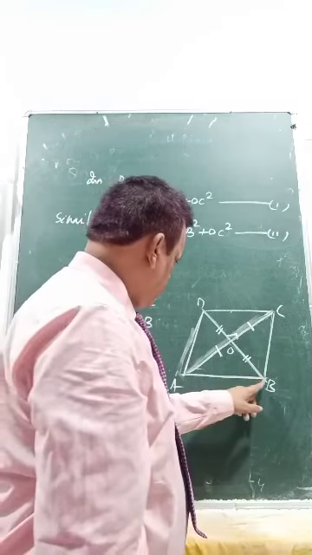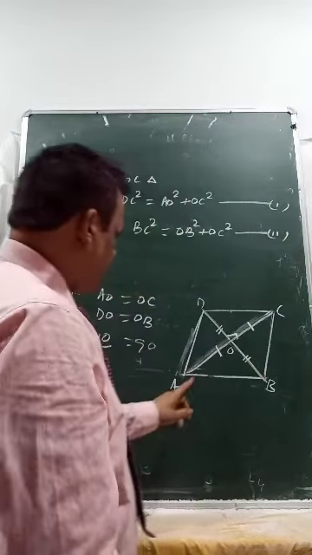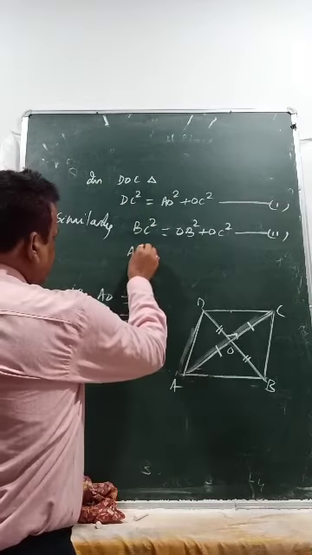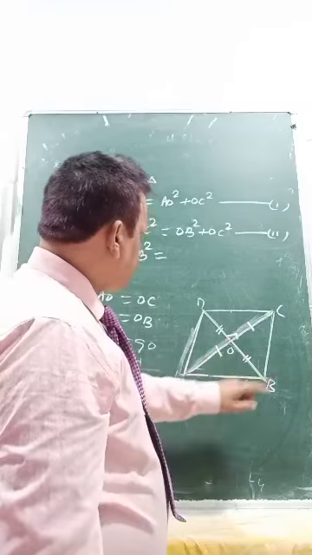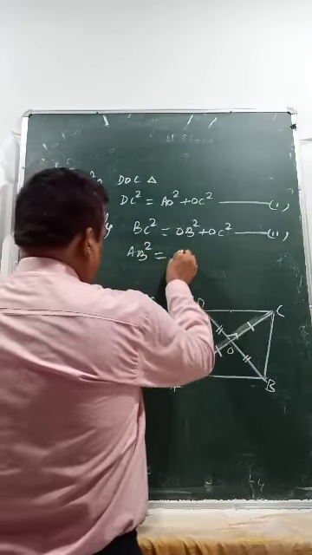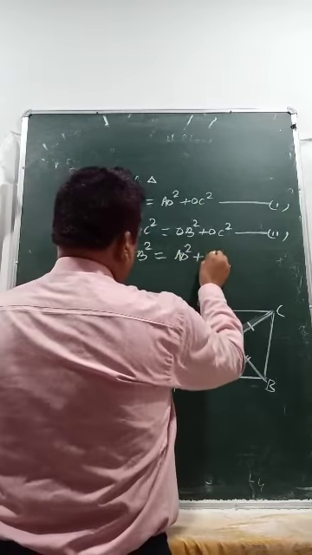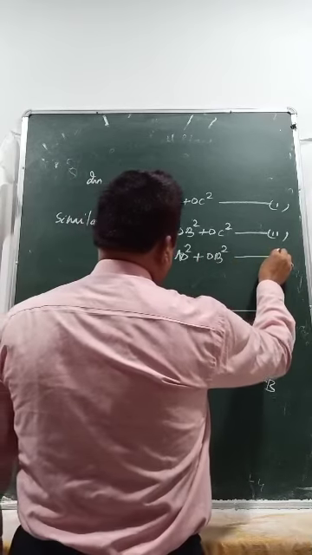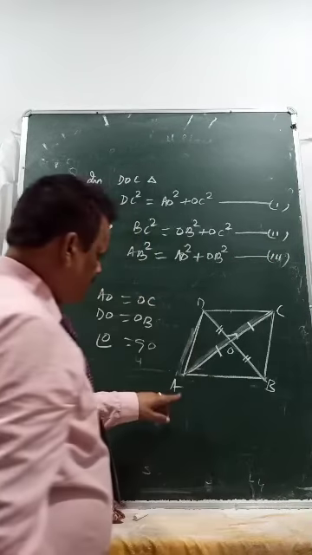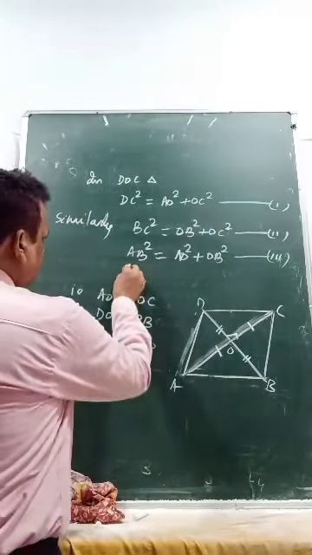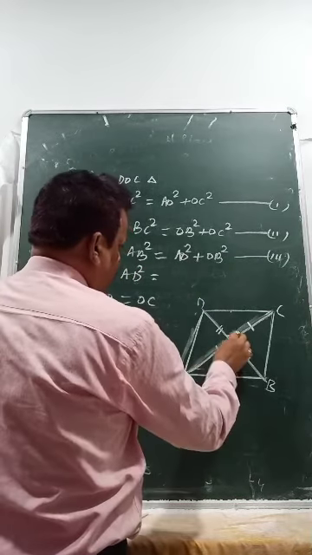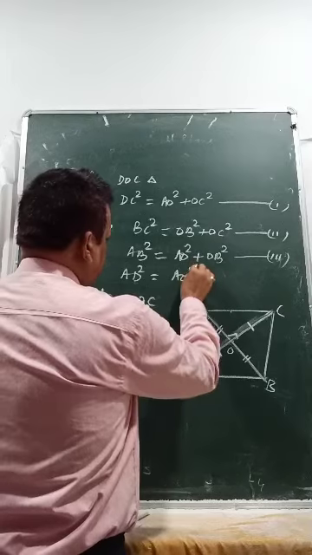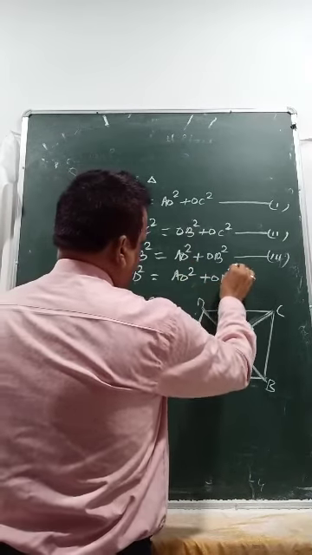Then in AOB triangle, AB square equals AO square plus OB square. Then AD square equals AO square plus OD square.